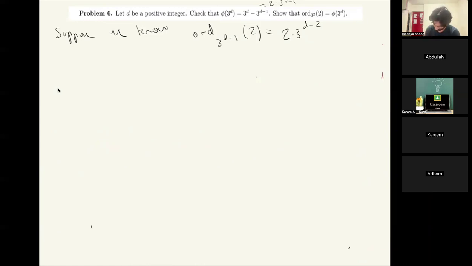What does it mean? It means that 2 to the power of 2 times 3 to the d minus 2 is congruent to 1 mod 3 to the d minus 1.